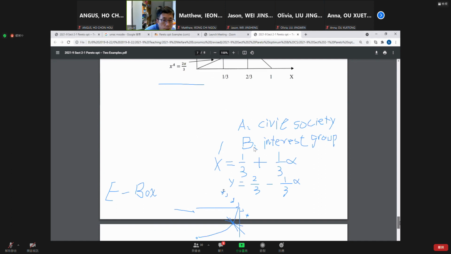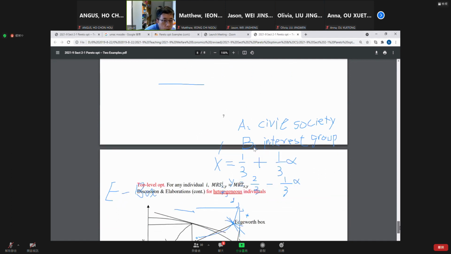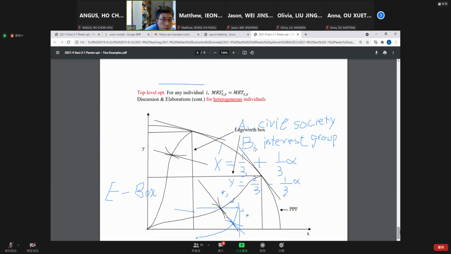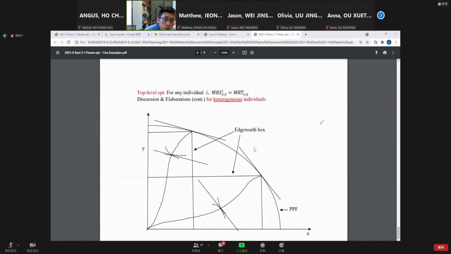So this is an example. In general, let's turn back before we conclude, not only this class, but also our study of Pareto optimal. Next class, we are going to turn to a completely new topic. The picture we just covered is a special case.